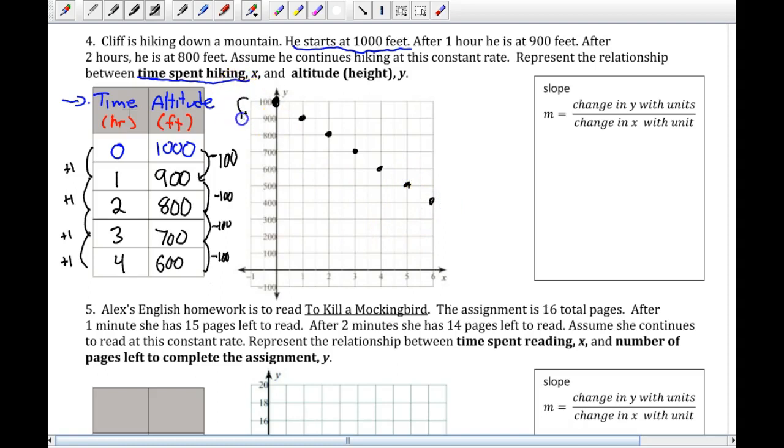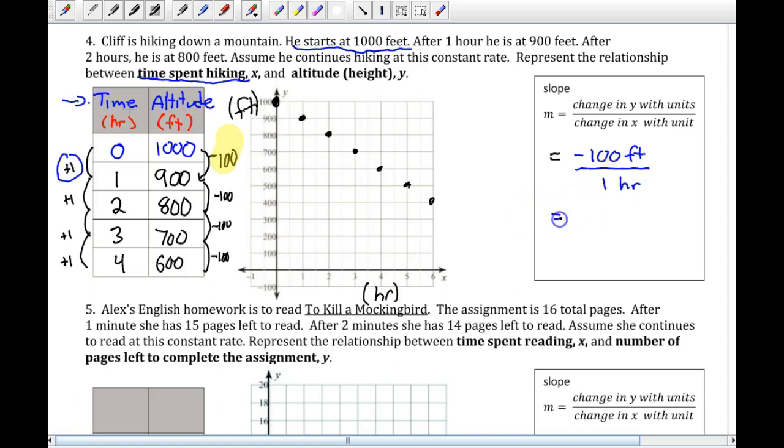Let's go and label this feet for units. And let's put hours down the bottom. And our change in units, the Y, we went down by 100. Technically down 100 feet. And our X's, we counted by hours for every hour.